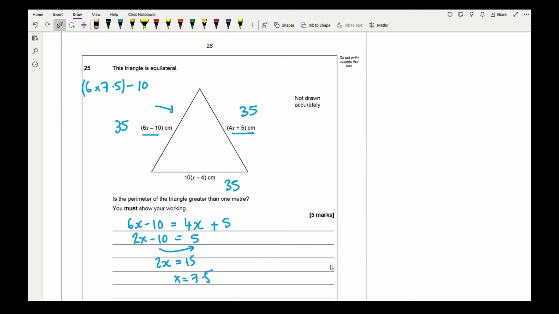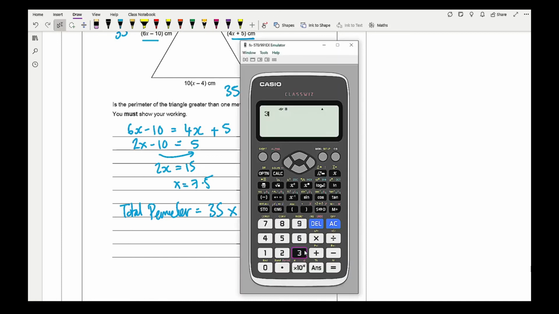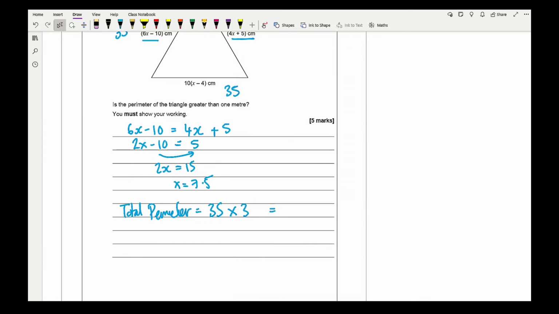You could substitute it, but it tells you it's equilateral, so I'm going to be a little bit smart about this. So then the total perimeter is going to be 35 times 3. Let me just do that on the calculator. 35 times 3 equals 105 centimeters.